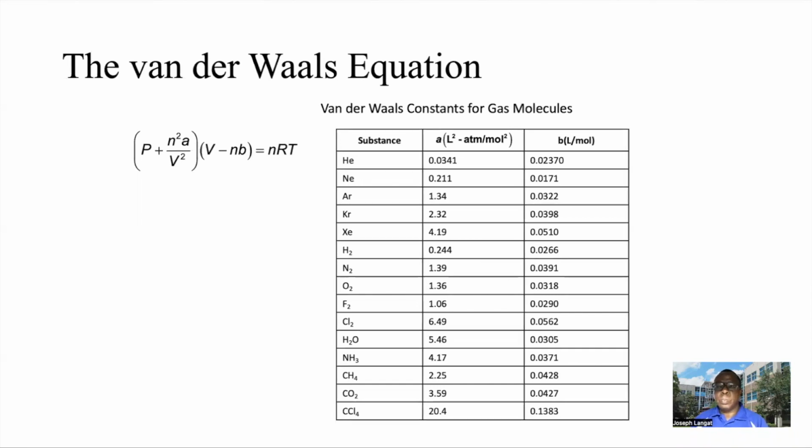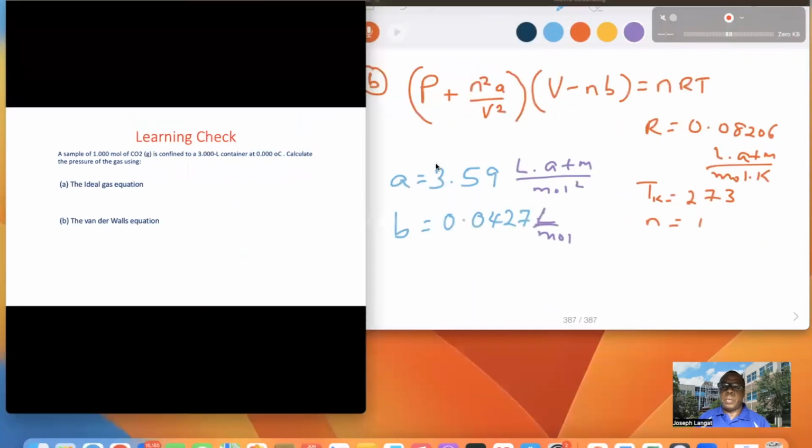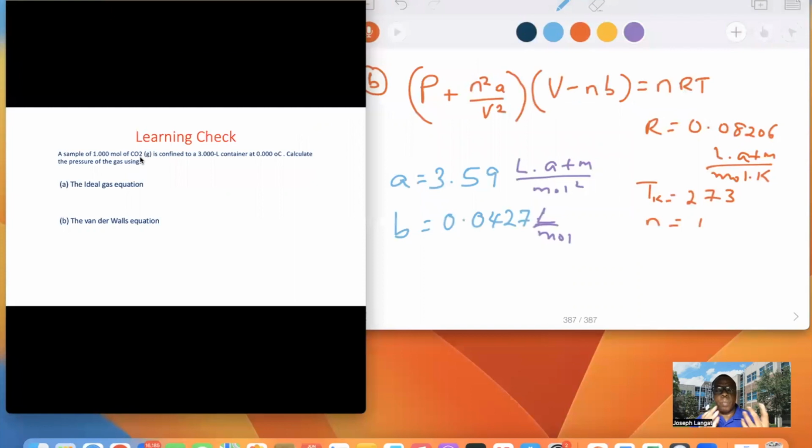The units for a are liters squared times atmosphere over mole squared, and for b it is liters per mole. These are consistent with the units. So now we know the value for b and the value for a for CO2. If it is ammonia, if it is oxygen, if it is any other gas, these two values will be given.